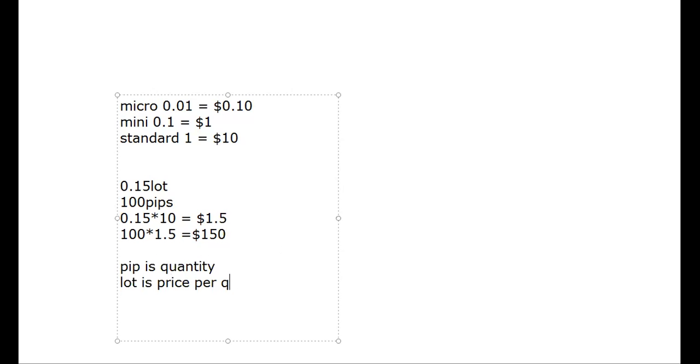If you understand it this way, if you want to know the amount, just multiply quantity by the price per quantity, and you are going to know the amount. Very simple. Let me just share a chart and then show.